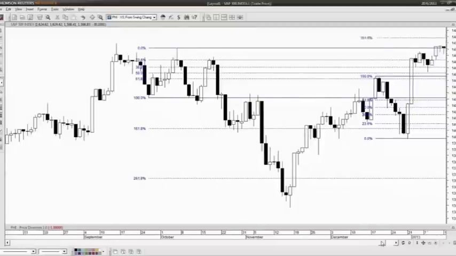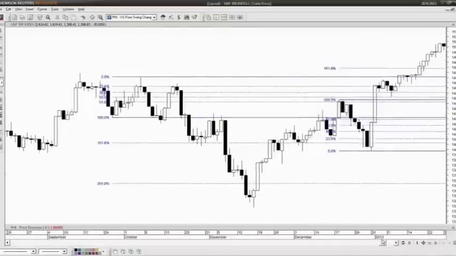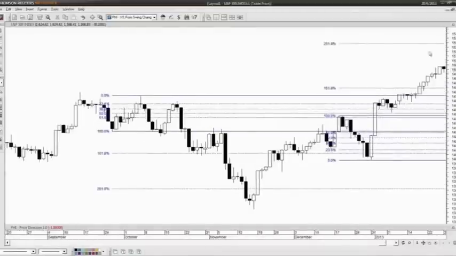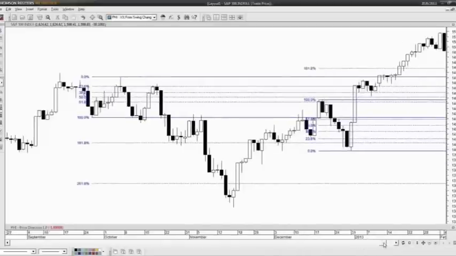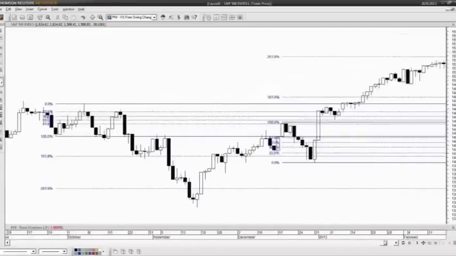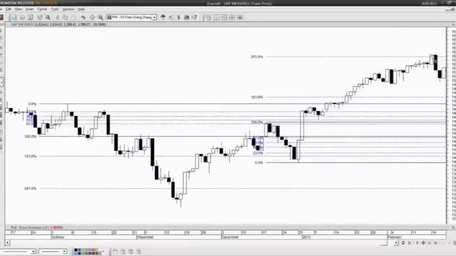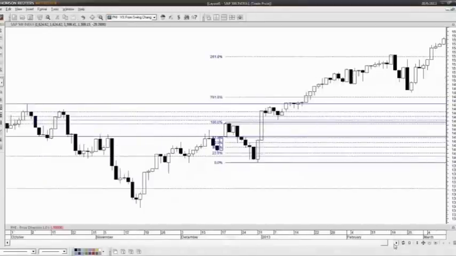So what happens when it reaches the level? It reached the level and shot straight through it, and then our next target is the 1530, which was reached over here. And do you see what happens when the market reaches our 261? It corrects lower and then goes up again, right?